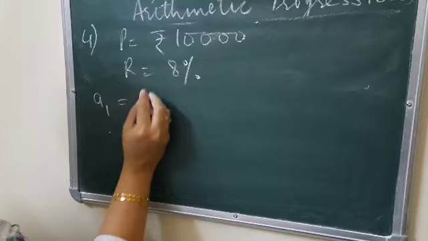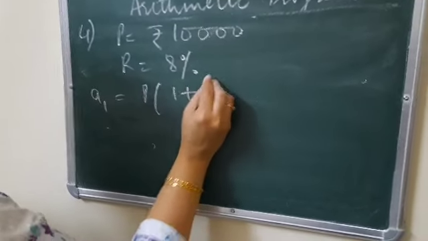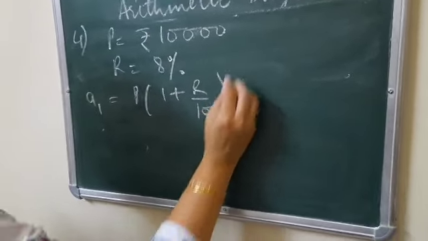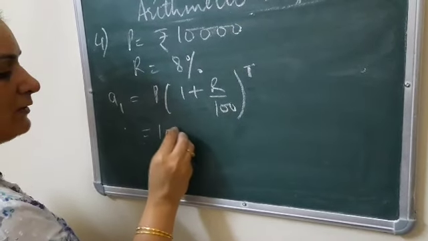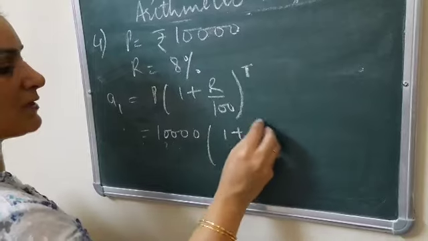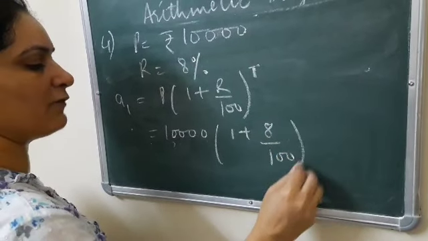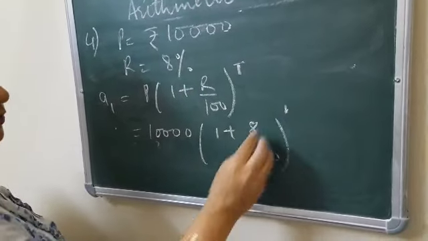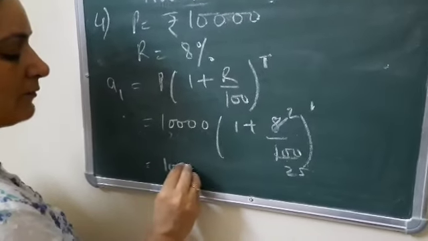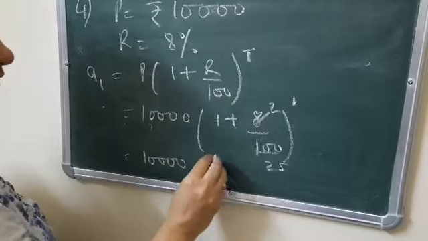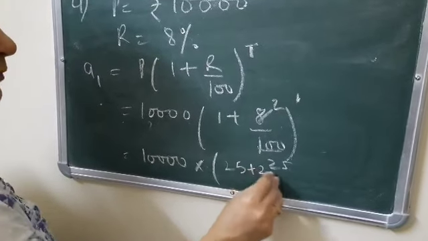So, formula for amount is P into 1 plus R upon 100 to the power T. So, when we are finding for it, it will be 10,000 into 1 plus 8 upon 100. Time is 1 year for the first one. So, it will be 10,000 into 25 plus 2 upon 25.